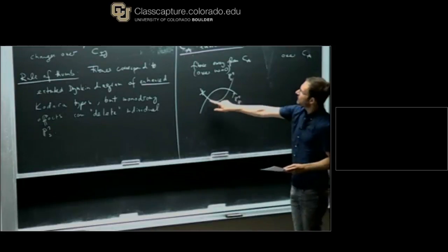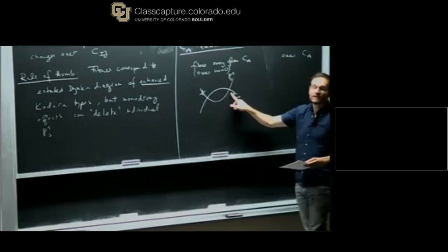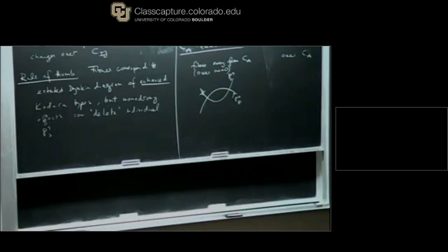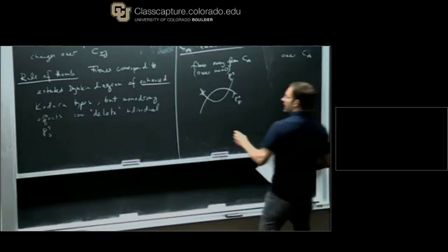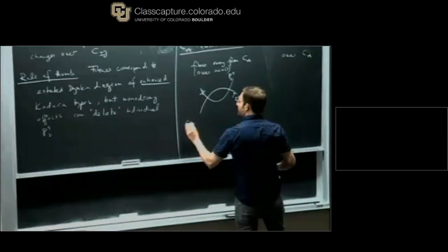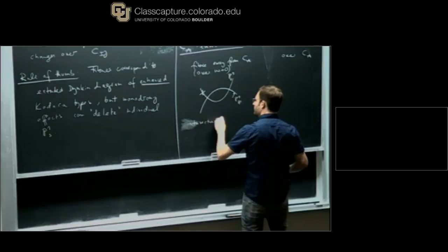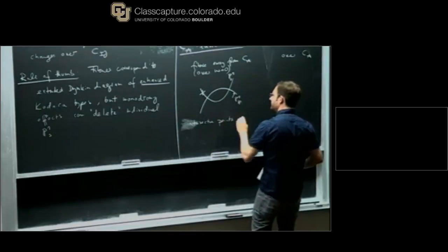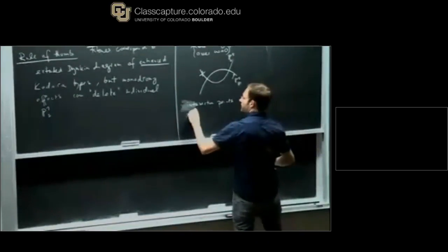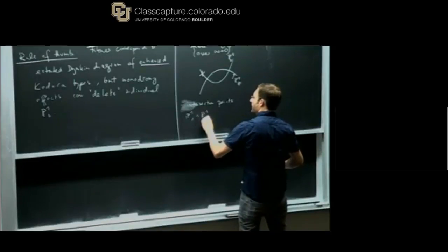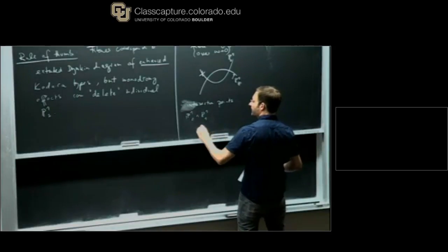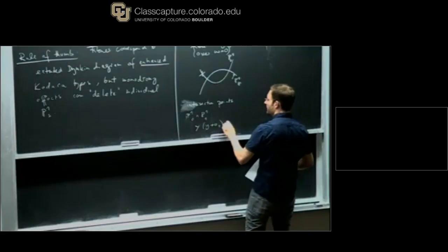And you can compute these two intersection points in the fiber. This is done in the notes. And you will find that the intersection points of P1,0 and P1,1 in the fiber are described by the locus y times (y plus a1) equals 0.